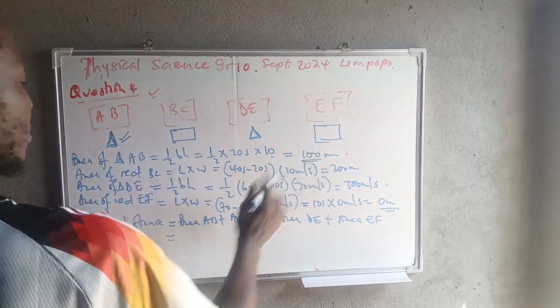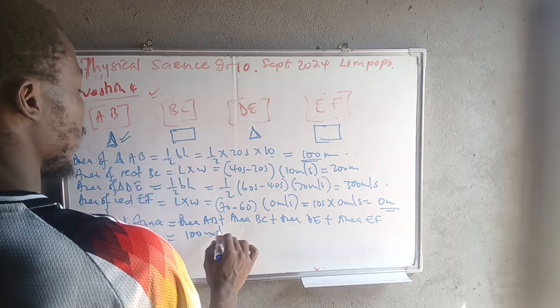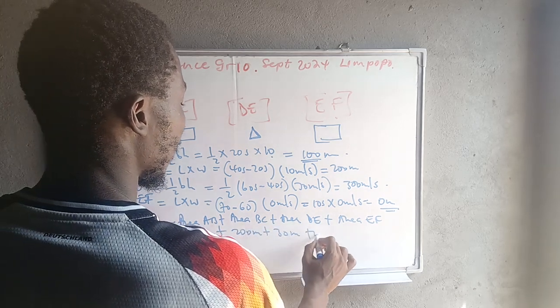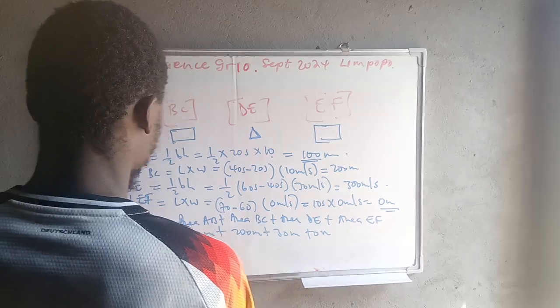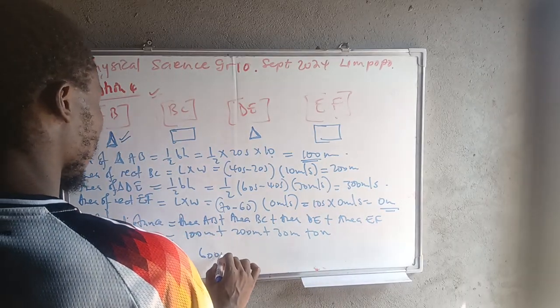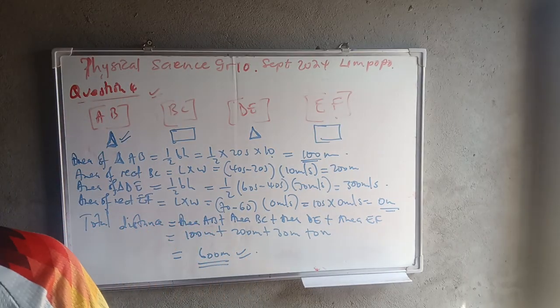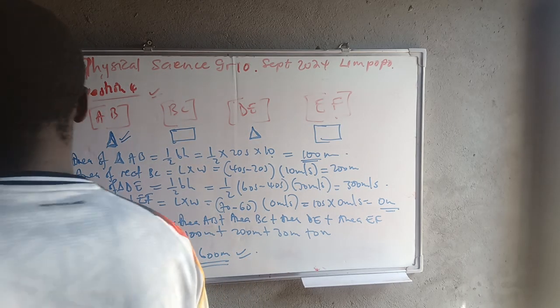So now we are substituting the areas: 100 meters plus 200 meters plus 300 meters plus 0 meters. That means we're going to get 600 meters. That is the total distance traveled by the car from point A to point F.